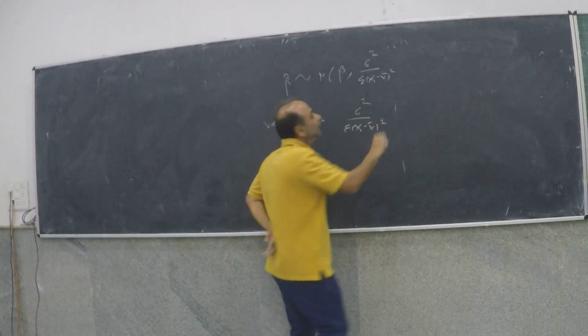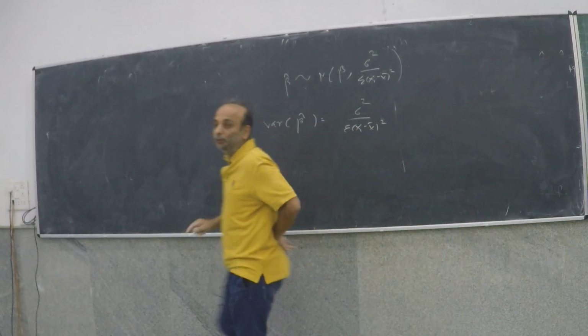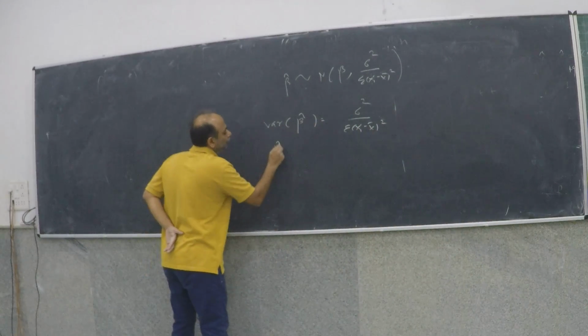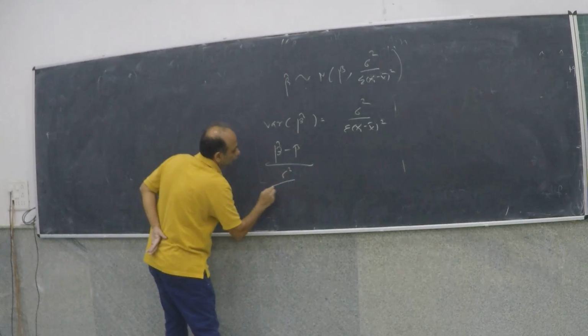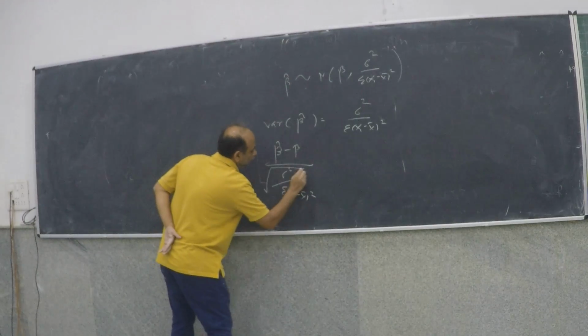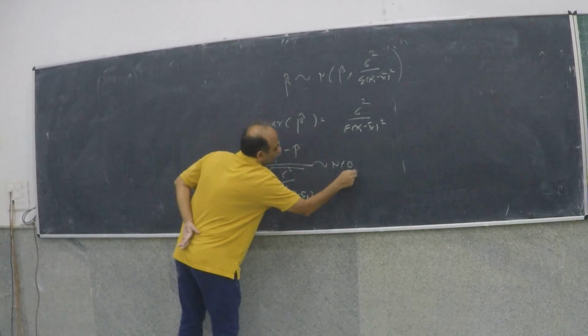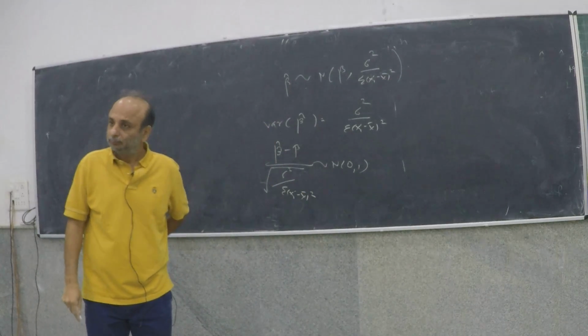From this we know that the standardized beta hat must be a standard normal with mean 0, variance 1.